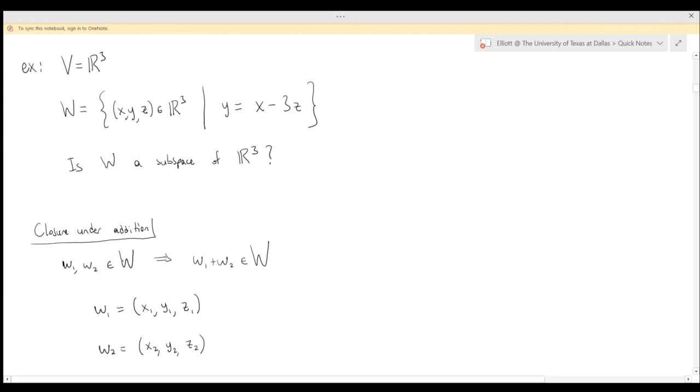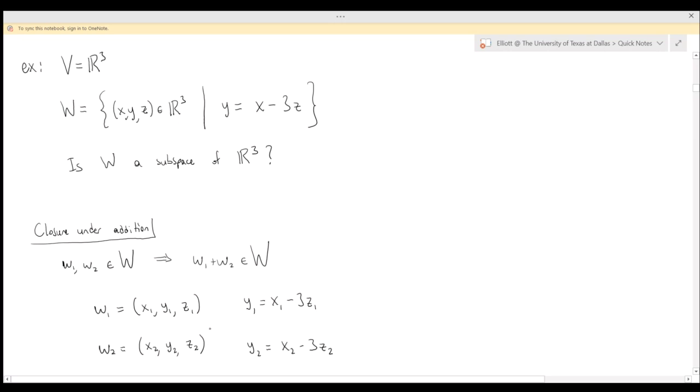And because they are in W, that means that each of them will satisfy this condition. So that means, although we don't know what these numbers are, we do know that y1 will be equal to x1 minus 3z1, and that likewise y2 should equal x2 minus 3z2. So we've got two vectors in W, so they satisfy these conditions. What we want to do is now add them and check to see if the sum is also inside of W.